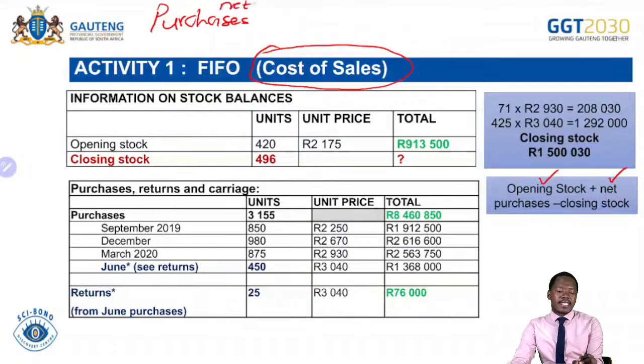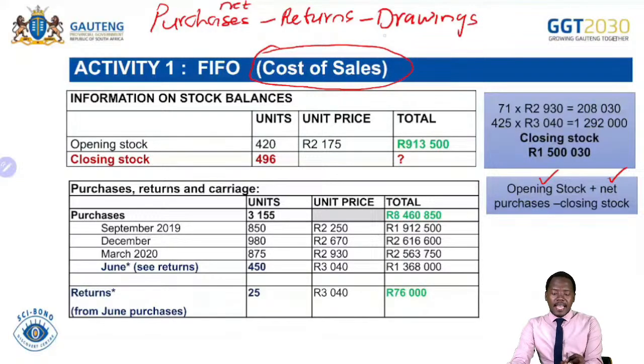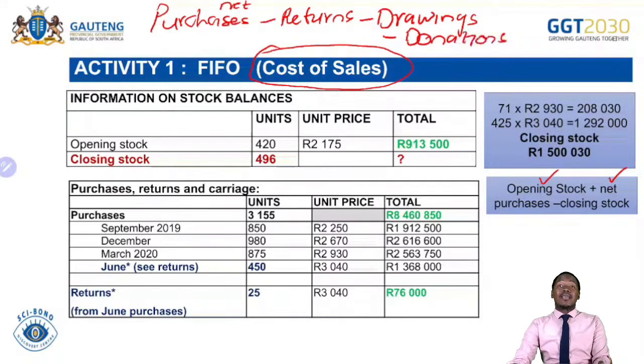When I say net, I mean purchases minus our returns, minus our drawings, minus our donations, and all the other deductible items on our stock. Any item that should directly decrease our stock. That is what we are talking about.